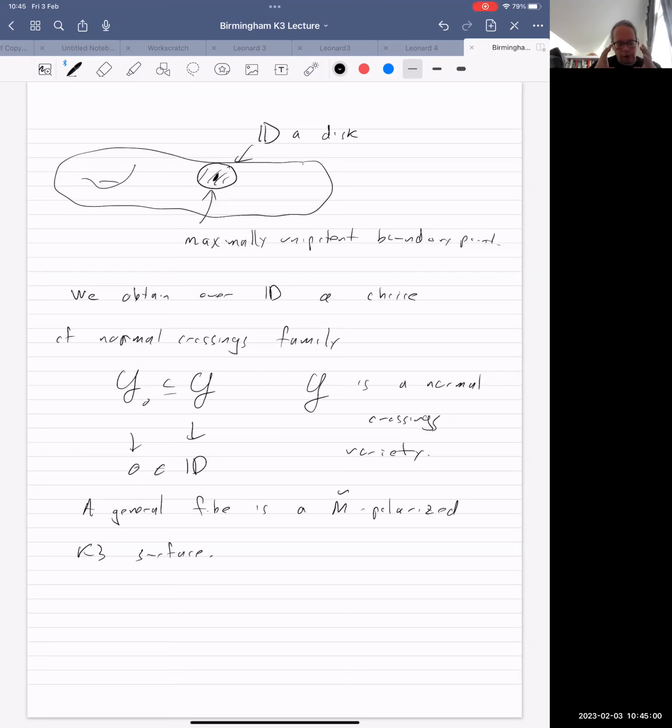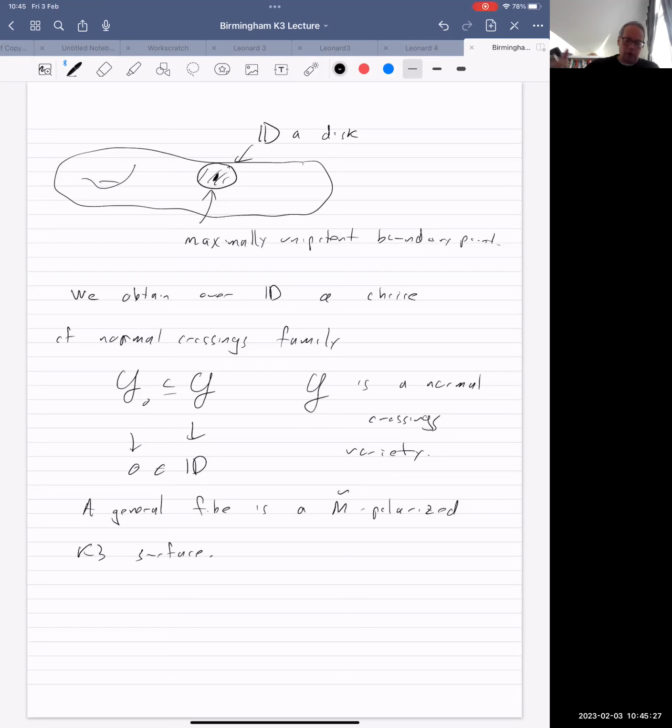Okay, so the point is we have this unique maximally unipotent monodromy point. We can then build some choice of degenerating family of M-check polarized K3 surfaces over this disk D. Now, a very important point here is that there's not a unique extension of the family over the punctured disk to the central fiber.